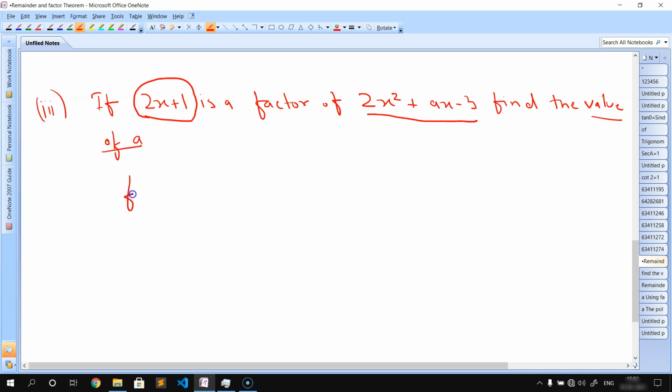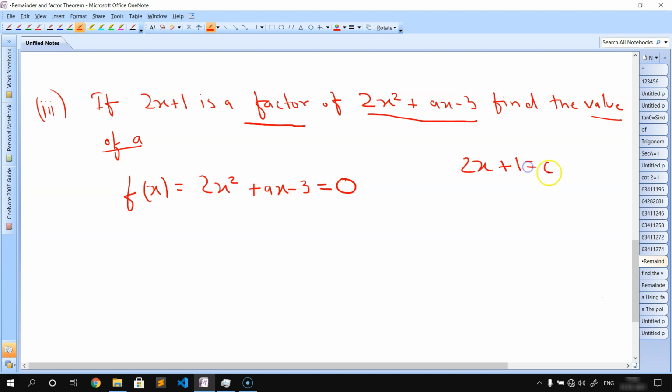So first of all we will write f of x equals to 2x square plus ax minus 3, and here in the question it is mentioned that this is a factor, so it equals 0. Let's see the value of x. So x will become minus 1 by 2.